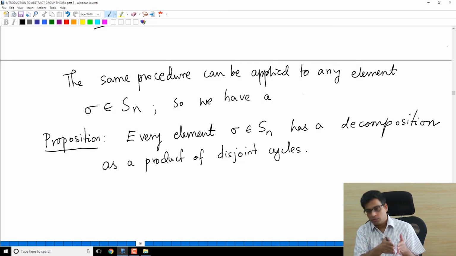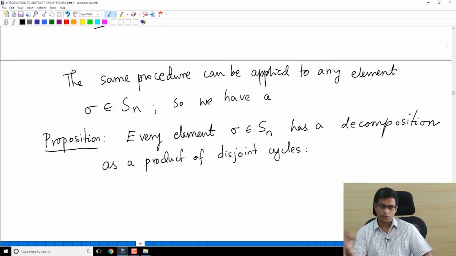Maybe you exhausted all indices. Then you have a 9 cycle. All the 9 indices are in this cycle. Or maybe you have not exhausted all indices. Sorry, all n in general now. So it's possible that you have all n indices in one cycle. Then you are done. So the element itself is an n cycle.